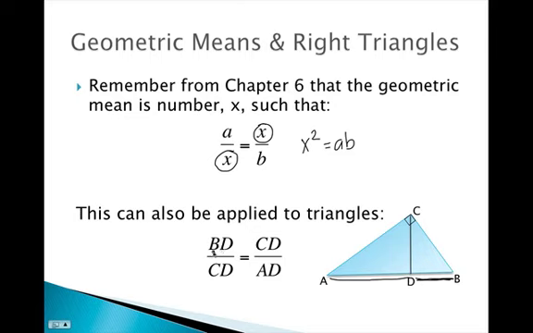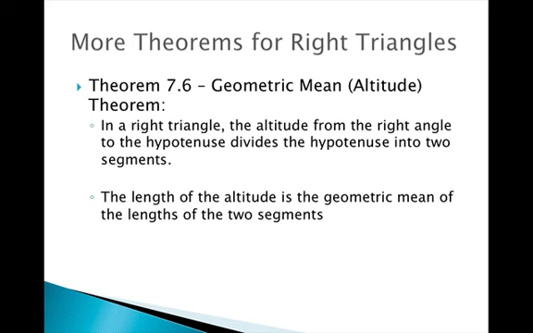So BD, which is the smaller segment here, over CD, which is our altitude, equals CD over AD. That means that they have the same proportion to each other. Okay, we actually have a theorem that goes over this specific concept.